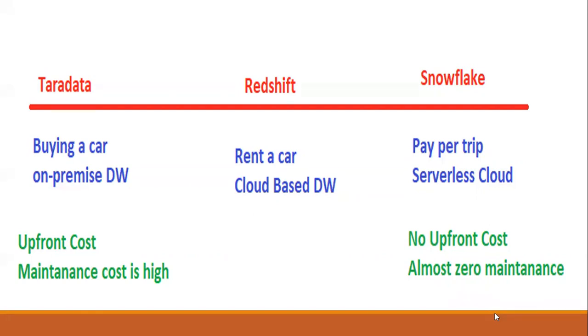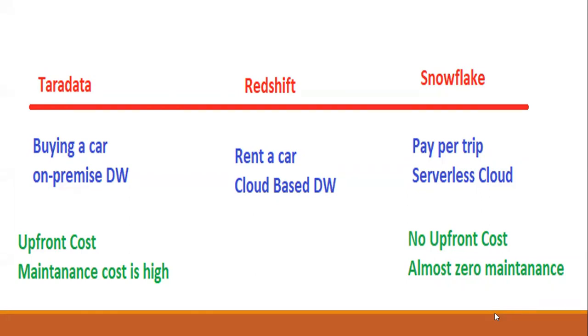Now, the fifth generation data warehouse you can compare to Ola or Uber. Whenever we book a car on Ola, we don't bother about the upfront cost, because we are not paying anything until the trip is completed. And there is almost zero maintenance, because if the car is damaged or anything happens, we are not responsible. This example is the same as Snowflake: pay per trip.